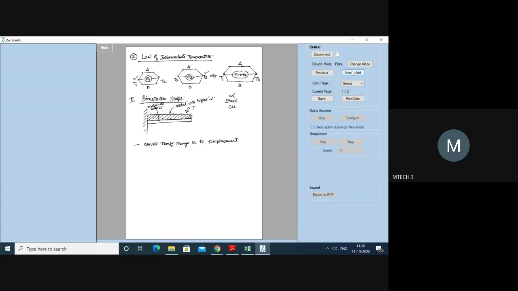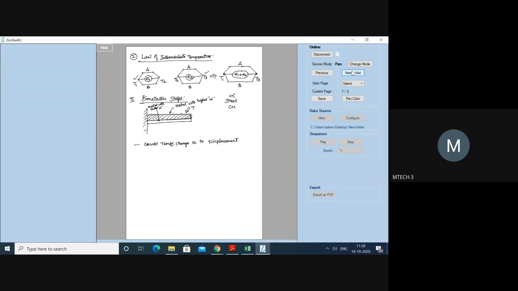Are you understanding? Yes, sir. Now, due to this, what is going to happen to this strip? It will expand, sir. Expand means some location change is going to occur, depending upon the temperature.